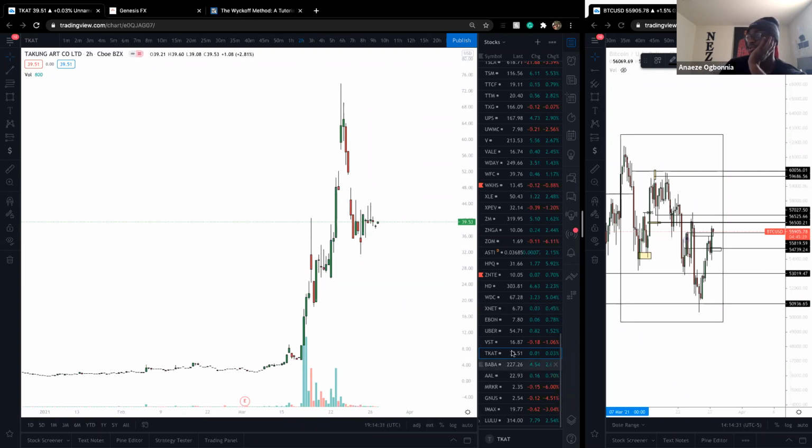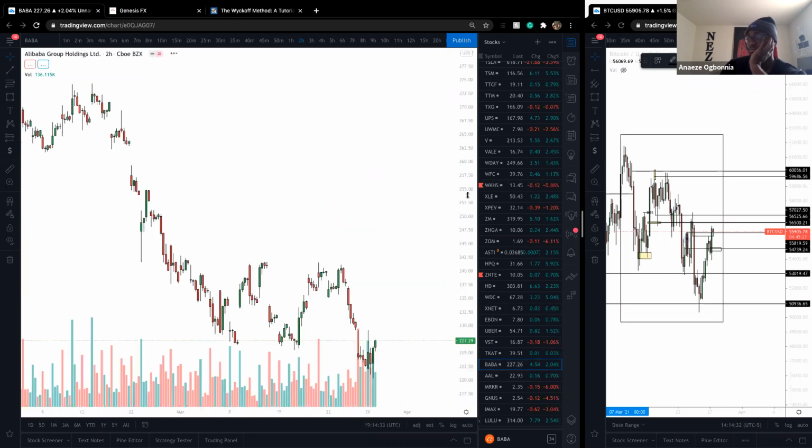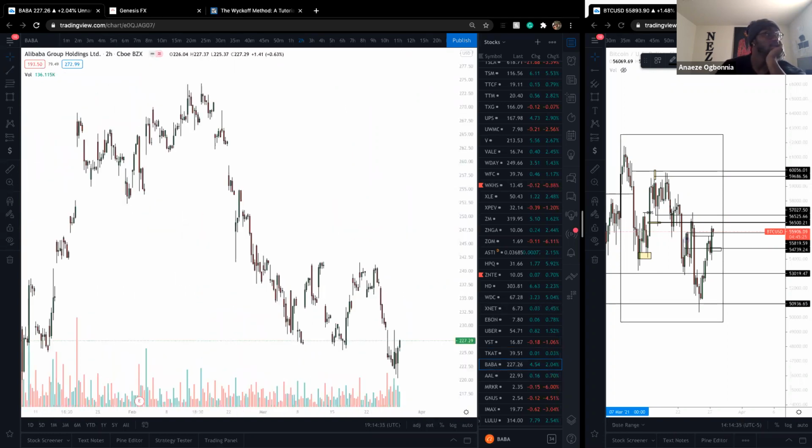GCAT is bearish, by the way. Baba is bearish as well. Let's see, Jesus Lord, he took it. Okay, let me go ahead and catch something really quickly. Let me see if I can find this real quick.